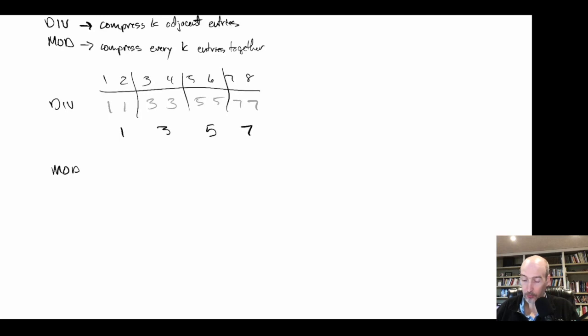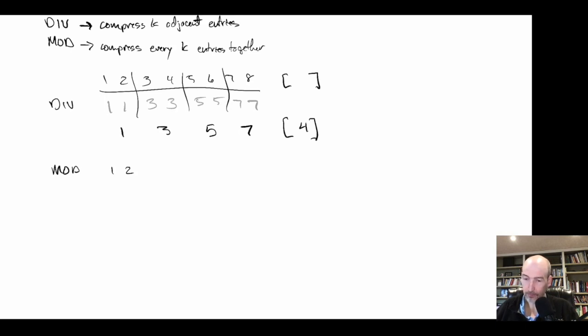Now, what mod compression is doing. And mod compression for this example isn't going to work as well. So if we look at here, I could just ask what is the average heuristic value. The average heuristic value here of the compressed heuristic is 16 divided by 4, so my average value is 4. If I add all of these up of my 1 to 8 and ask what the average heuristic value is, then what I have is 36 here, I think, divided by 8.